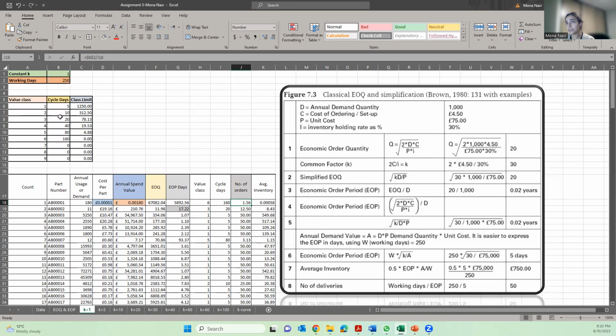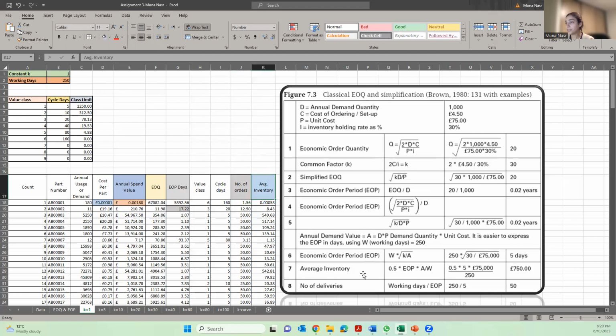Here you can see the cycle days, and it's going to be 250 divided by 160, which is the cycle days. So for the first part number, it's going to be 1.56.